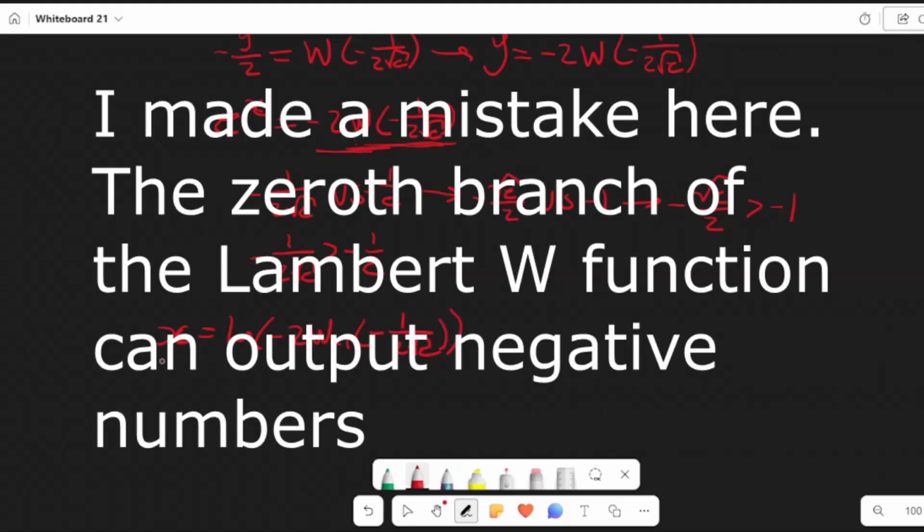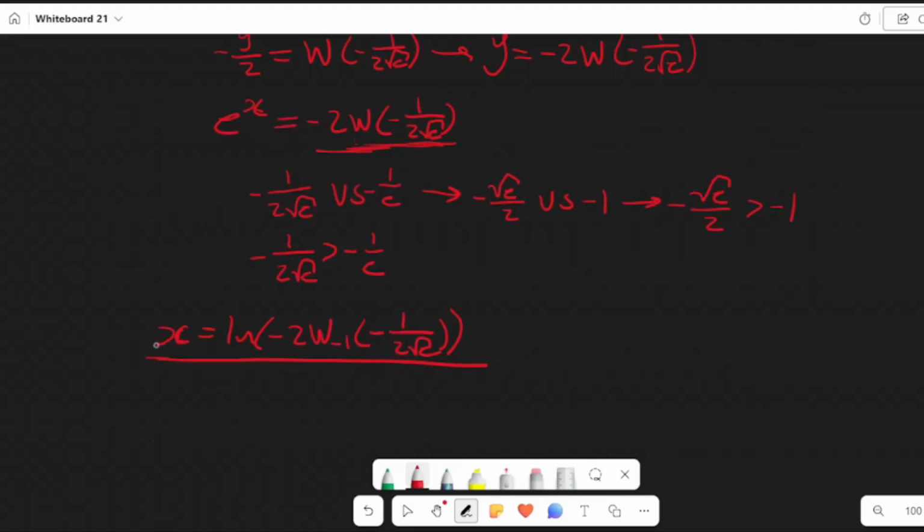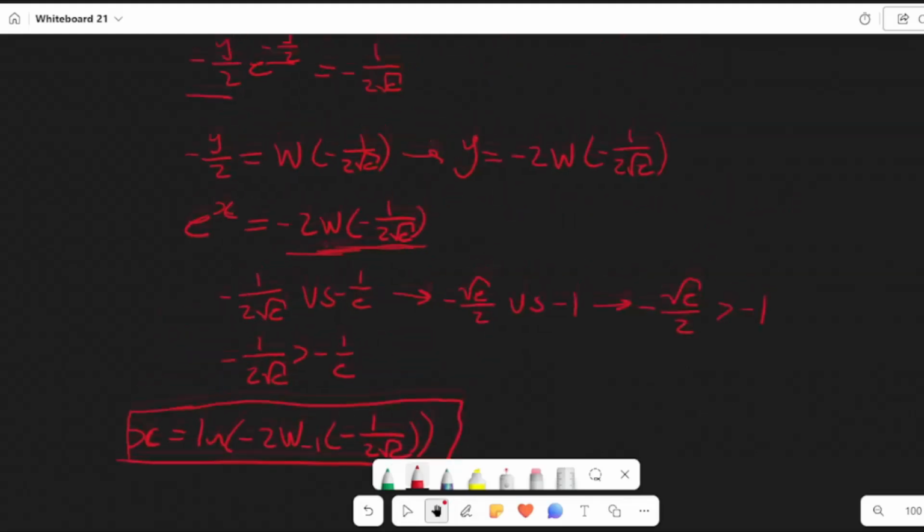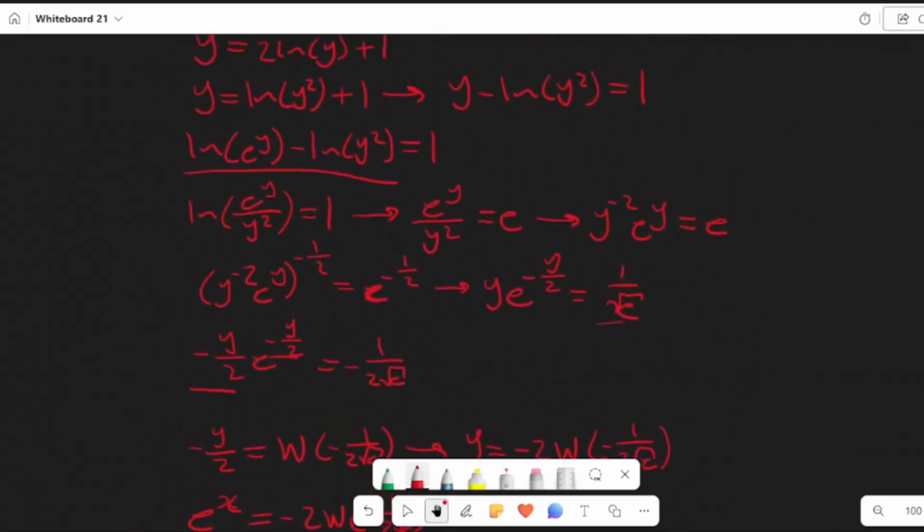And that's going to be our only real solution, since the zeroth branch won't work, as it will give us some type of complex solution which we don't necessarily want. So that's one way we can solve this equation.